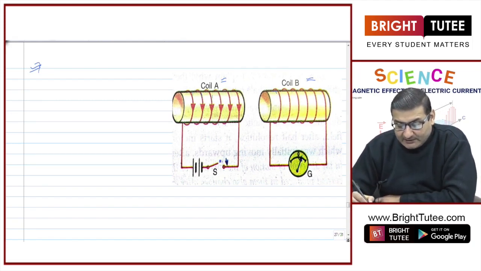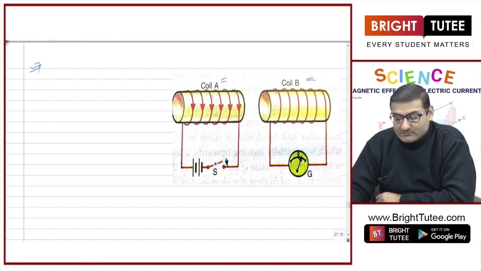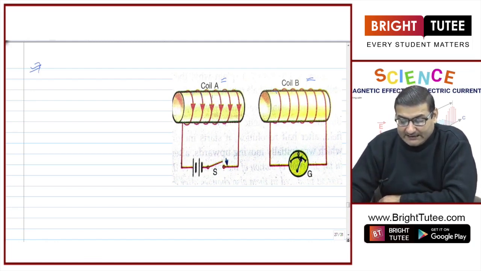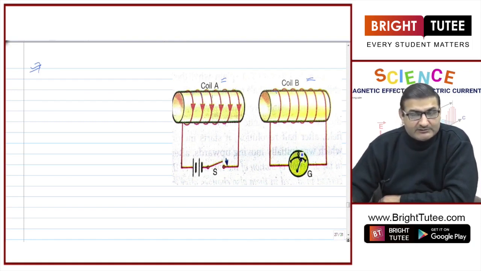When I switch coil A's current on, I will find a very nice observation. I will see that there is a deflection in the galvanometer of coil B, even though there was no current to start with. There was a deflection for some time and then the galvanometer returns to zero.